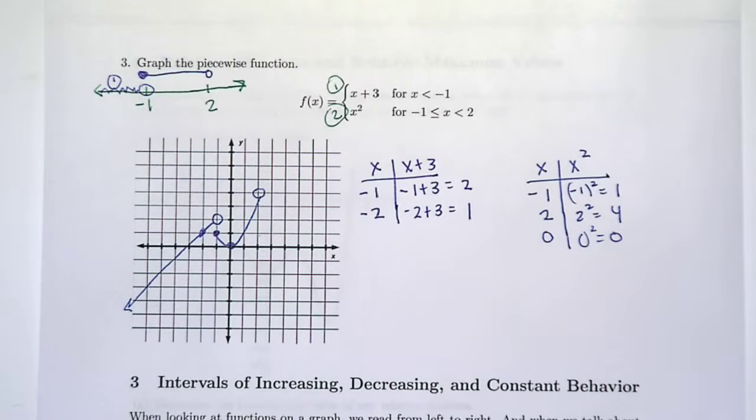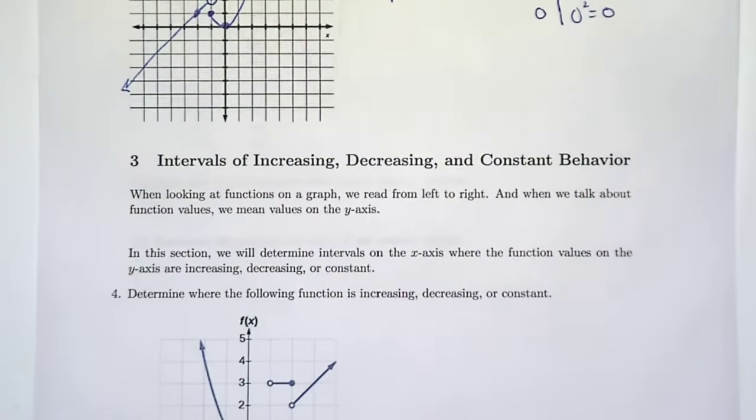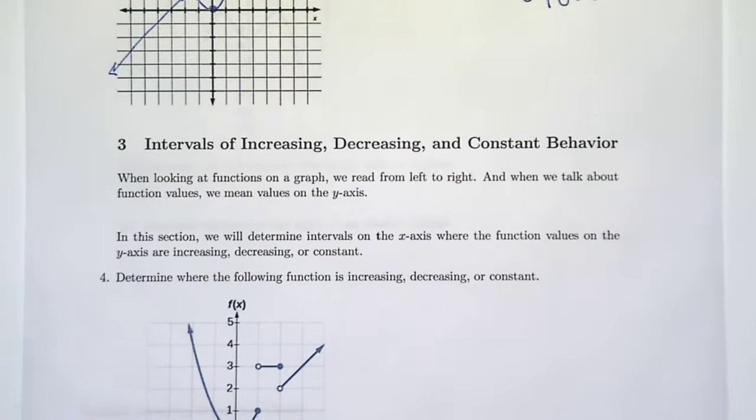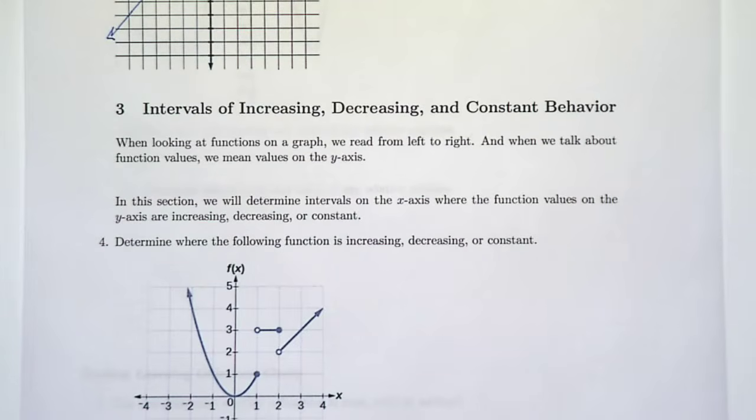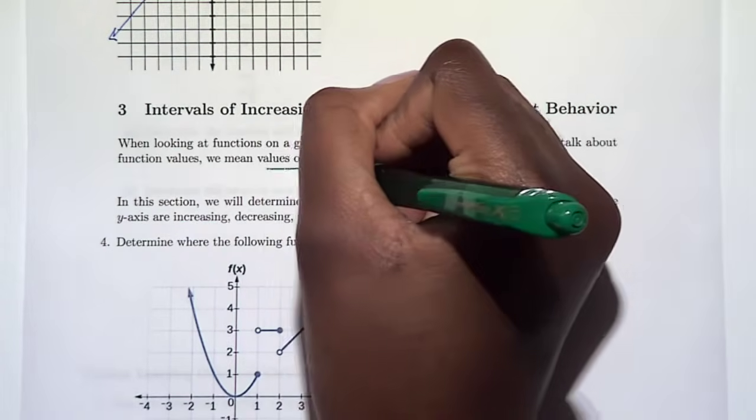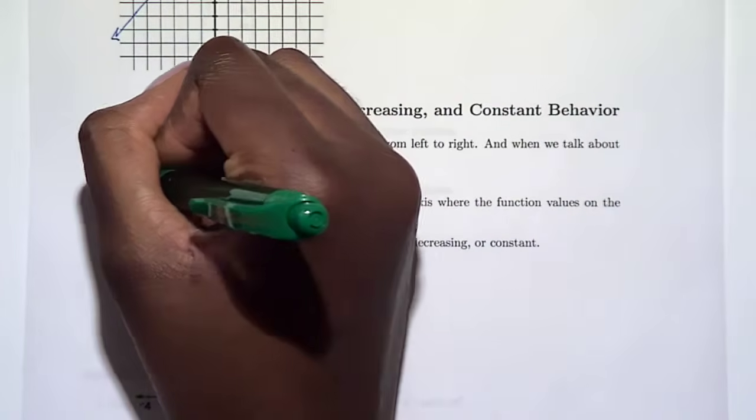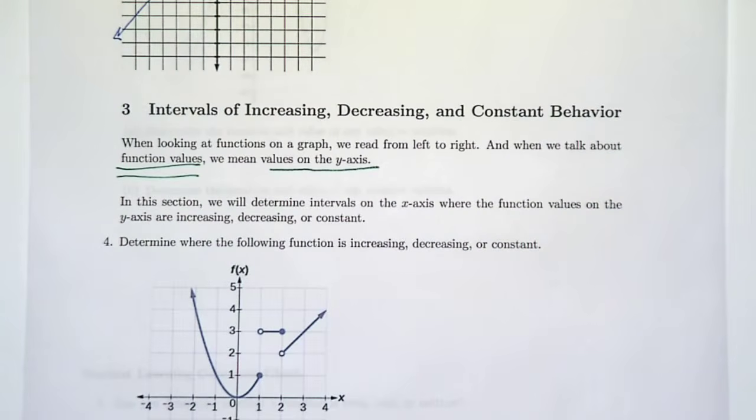All right, so now let's talk about increasing, decreasing, and constant. So we've talked about this before. So remember, when looking at functions on a graph, we read from left to right, just like when you're reading words. And when we talk about function values, we mean values on the y-axis. This is very important. Function values, y equals f of x.